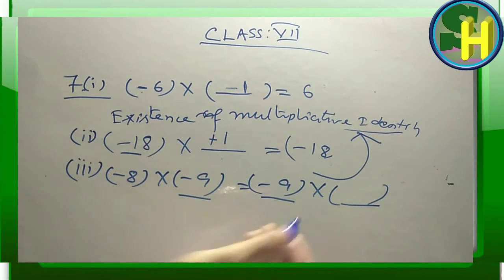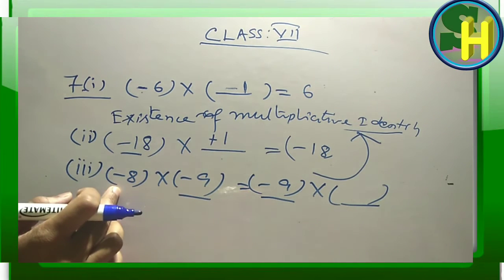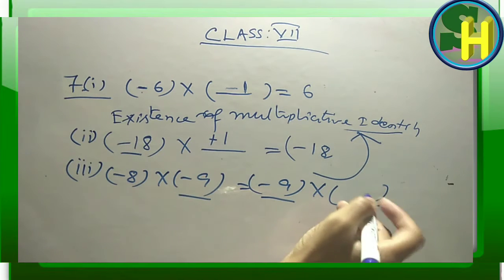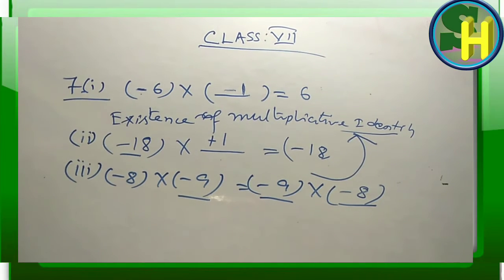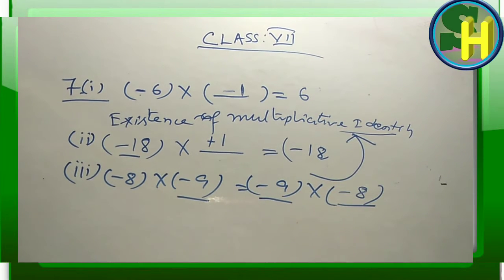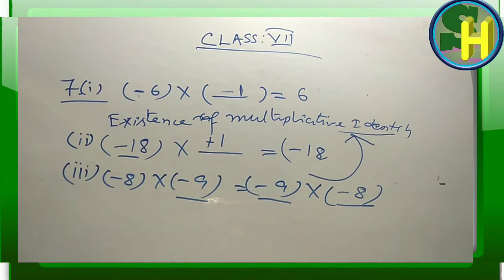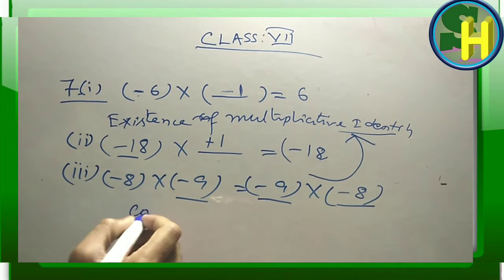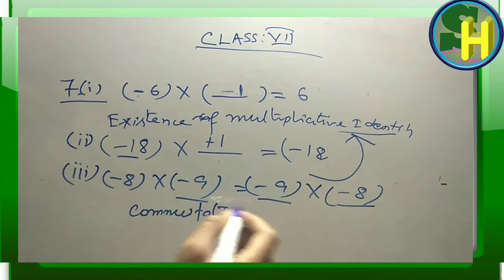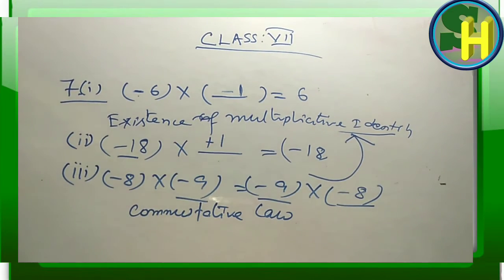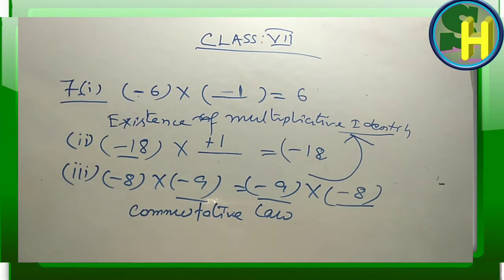This is the same numbers, the places have changed. So here it will be -8, because which law is followed? Commutative law of multiplication is followed. So from commutative law we can solve this way.